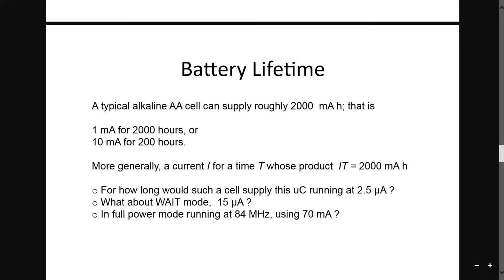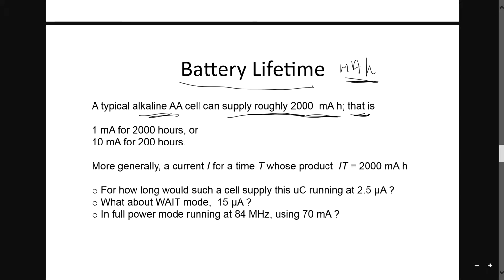Now, calculate battery lifetime. How to calculate milliamperes? Battery lifetime is always in terms of milliampere hours. For an alkaline AA cell or battery, it supplies roughly 2000 milliamp hours. What is it talking about?